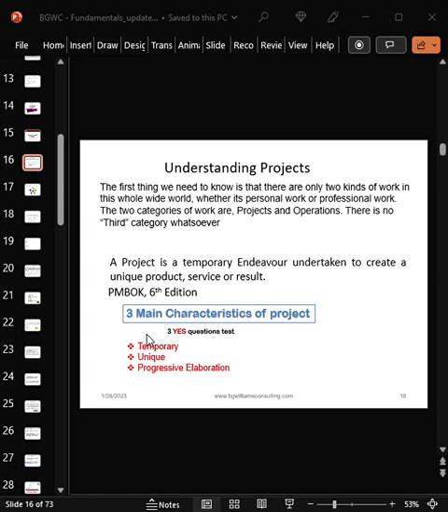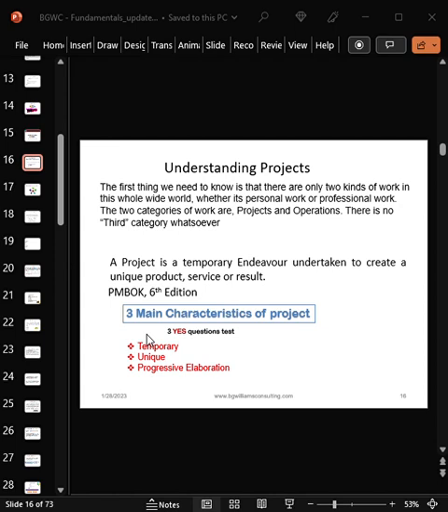All right. Then the third characteristic you can also bring out from that definition of what a project is, is progressive elaboration, which means there is room for continuous improvement. If, for instance, you are working on a project today, it is not where you left it today that you will start from tomorrow.